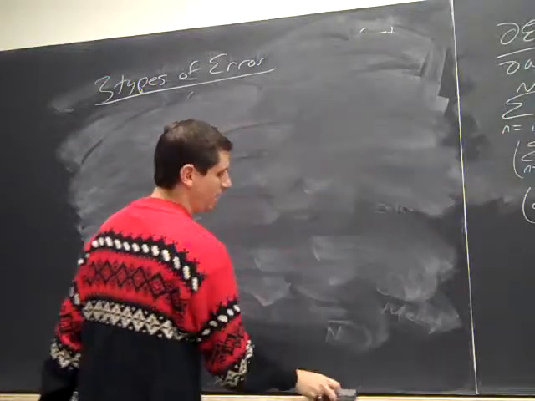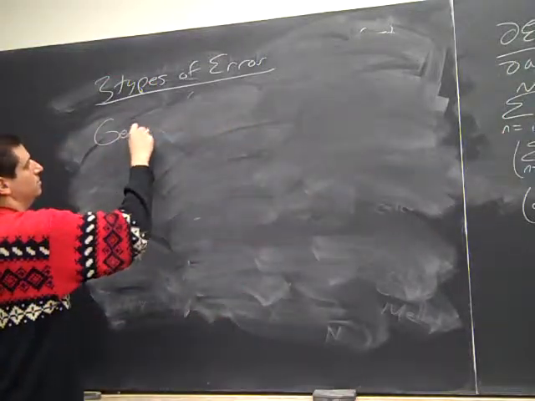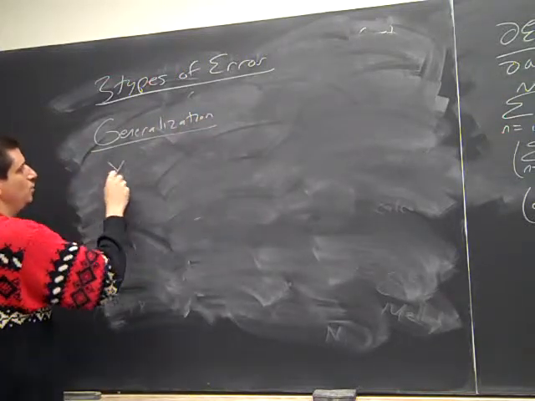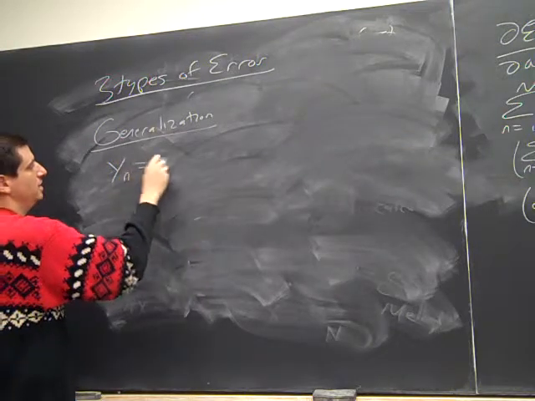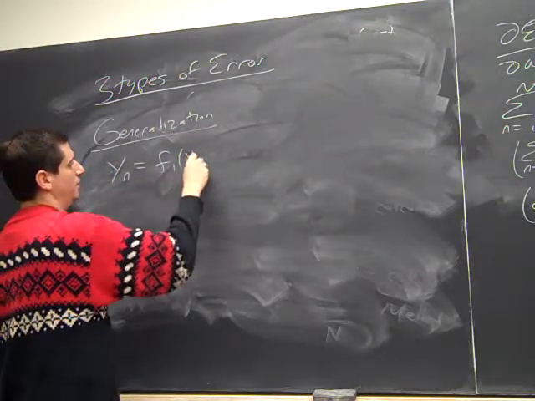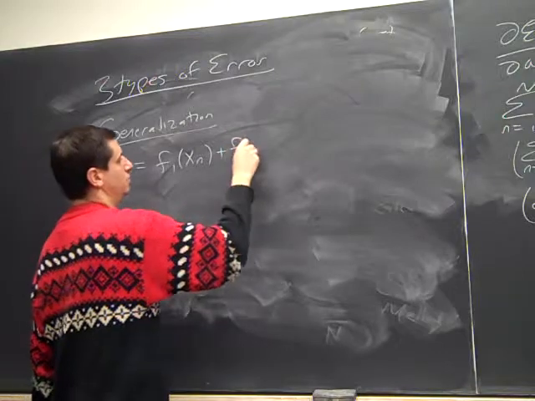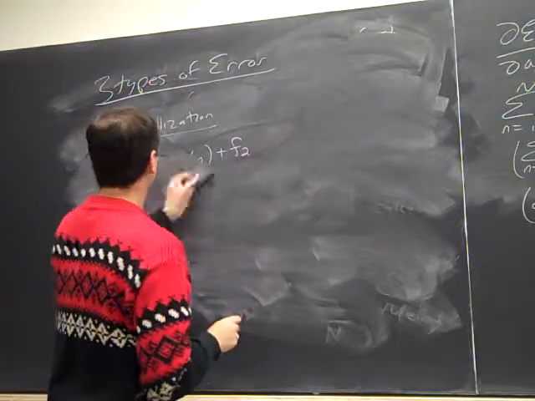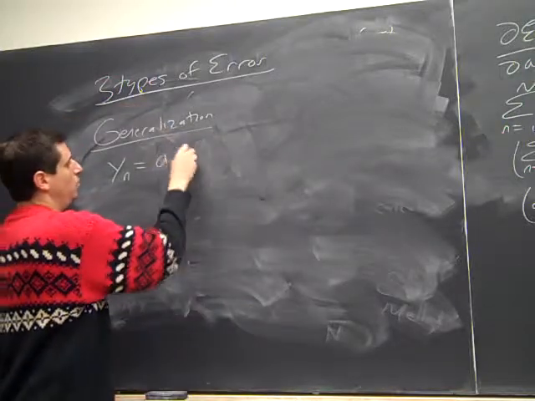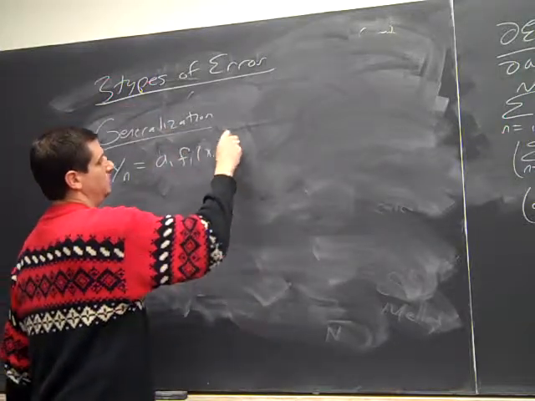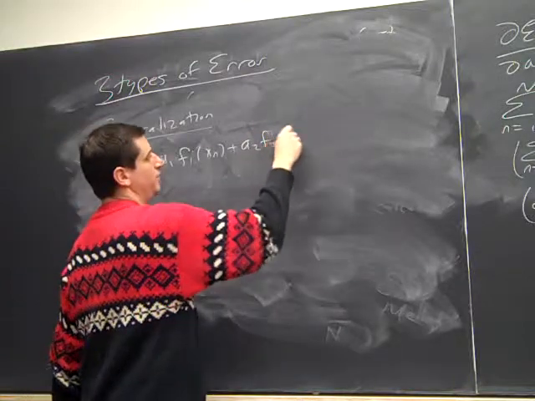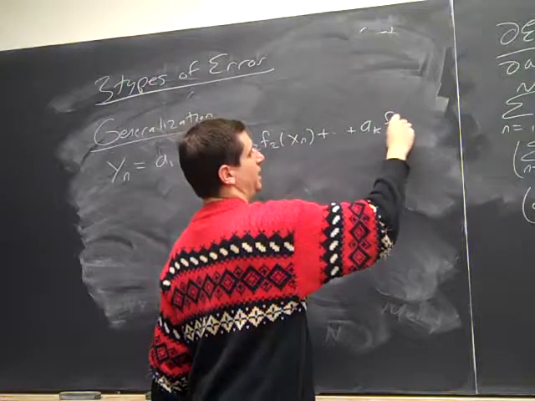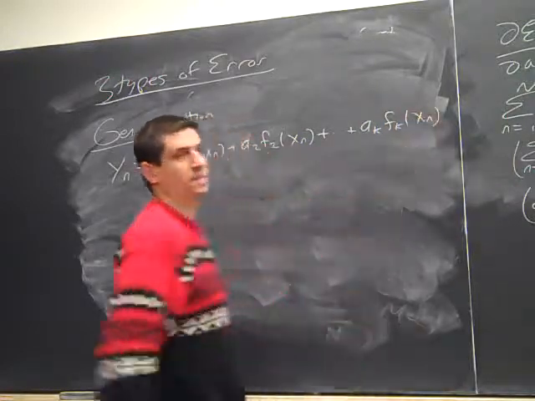So I'm not going to go through the algebra, but for the generalization, let's say we predict yn is a1 f1 of xn plus a2 f2 of xn plus dot dot dot plus ak fk of xn.